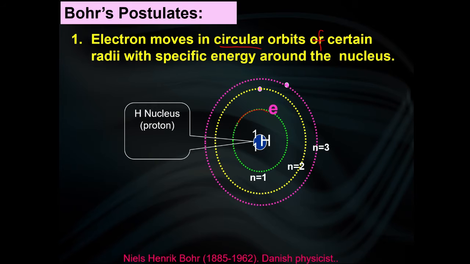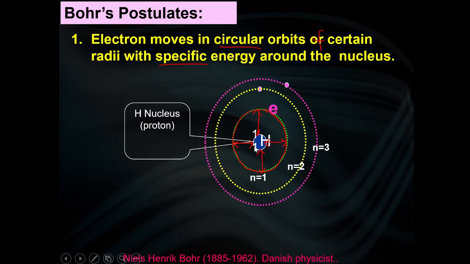As we know, for these circular orbits, wherever the electron is, for example this electron is in energy level n equal to 1, wherever the position of that electron at any time, since it is moving in a circular orbit, it is going to have the same distance from the nucleus. Therefore, its energy is fixed, or it has a specific energy, because it moves in a circular orbit.